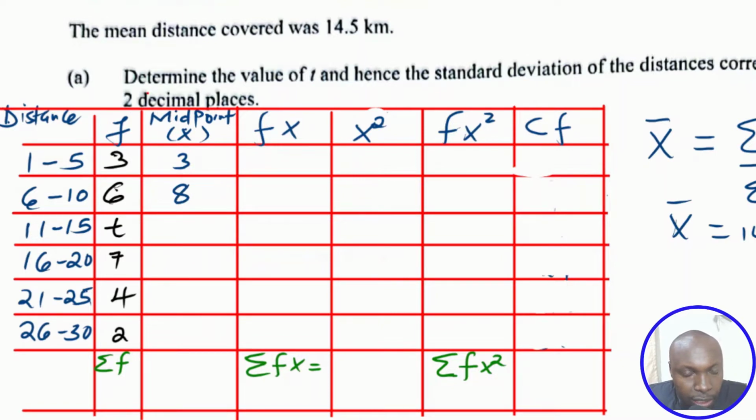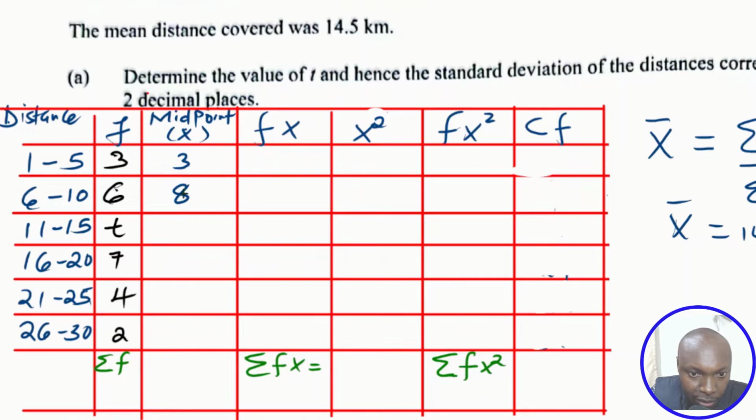Now you notice, if all the classes are uniform, and I can see that these classes are uniform, the class size is 5. So look at the value of x, the midpoint. The first one is 3, then the next one is 8. So you see there's a difference of 5. So you just add 5 to get to the other one.